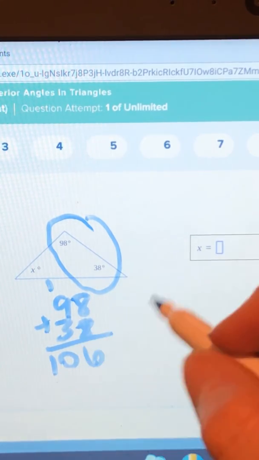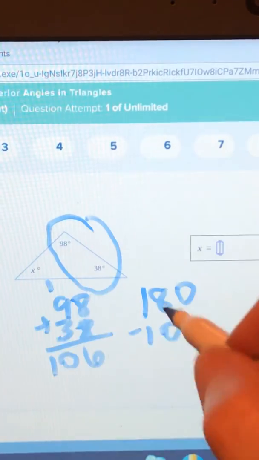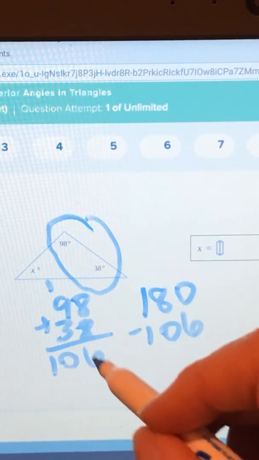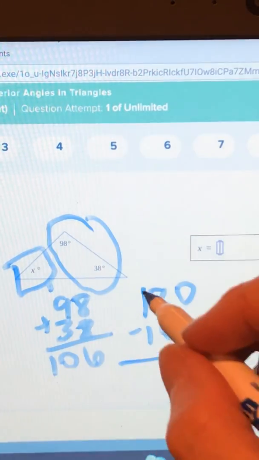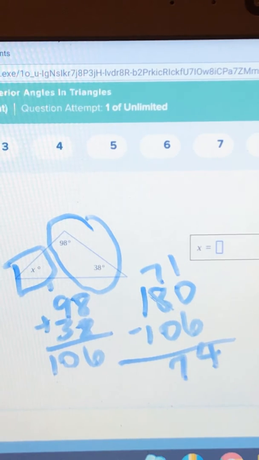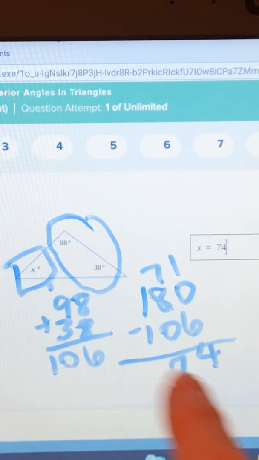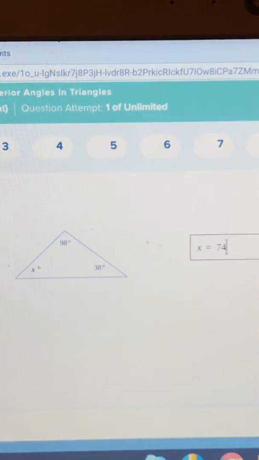So we take 106 and subtract it from 180, because all three angles add up to 180. Subtract this sum and you get that angle right there, and that equals 74. So 106 plus 74 equals 180. So in my box, I put 74. That's the missing angle. That's how you do these. This is real easy.